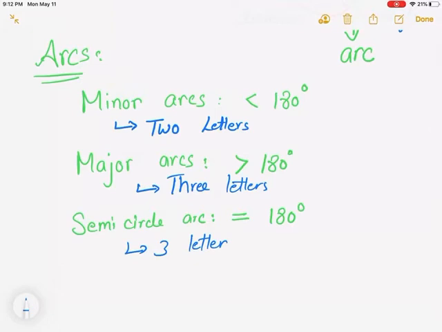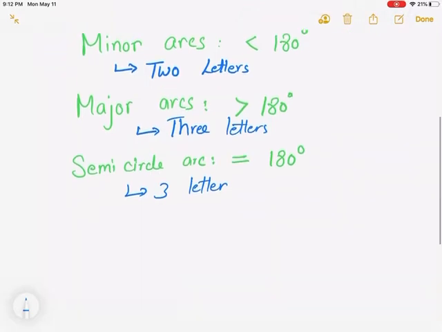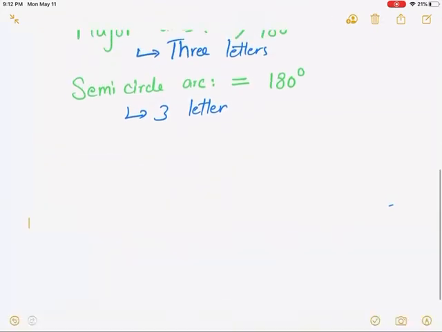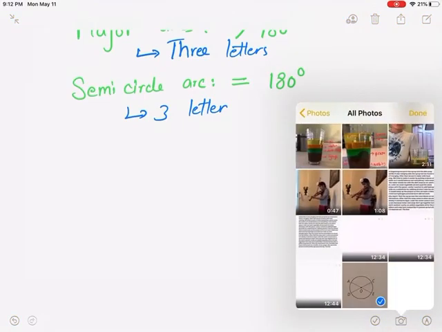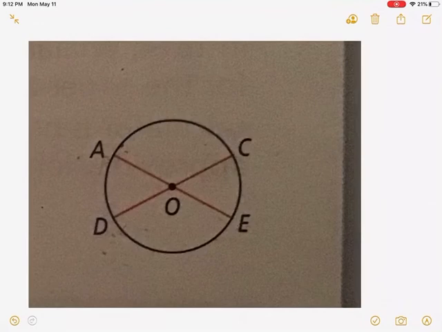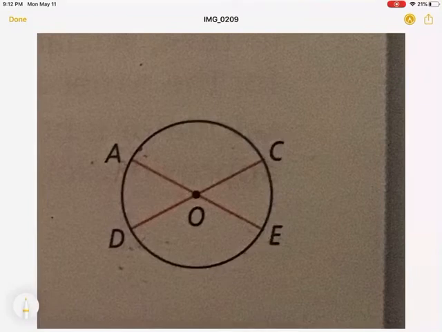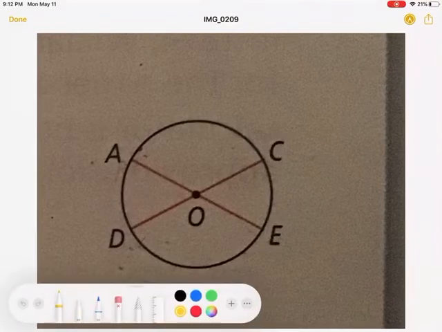Now I'm going to show you an example of how to label each arc. So let me see if I can bring in a picture here. Okay, here you go. So on this circle, if I have to label major, minor, and semicircle, how would we do that?